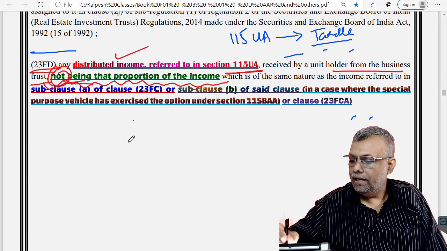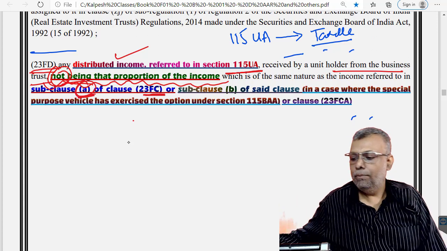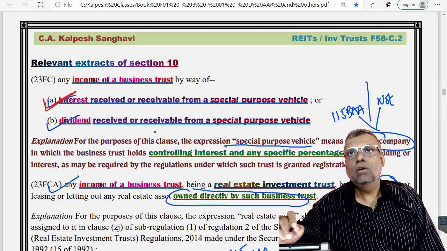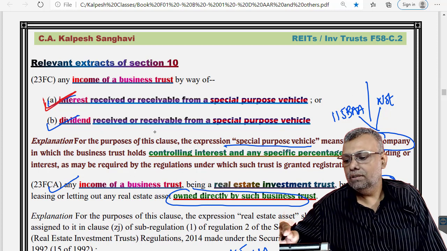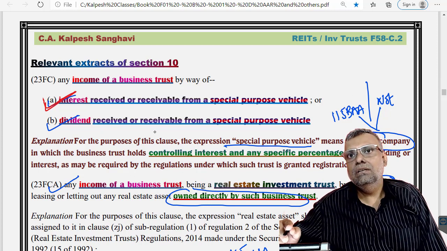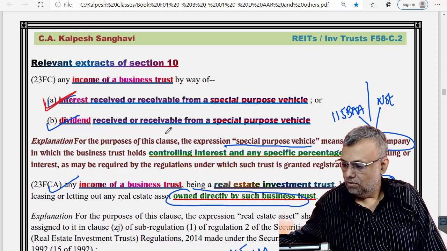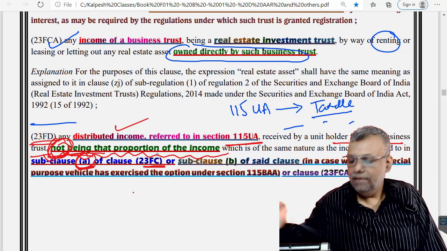It says not being 1023 FCA provisions. So this type of income, this particular interest income received in the hands of the unit holder, will become not exempt. That means it will become taxable.